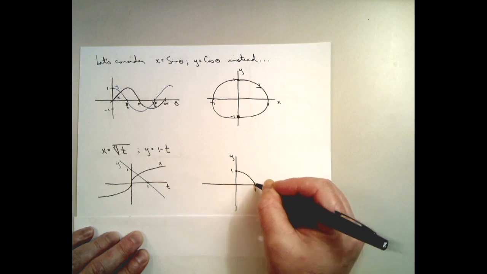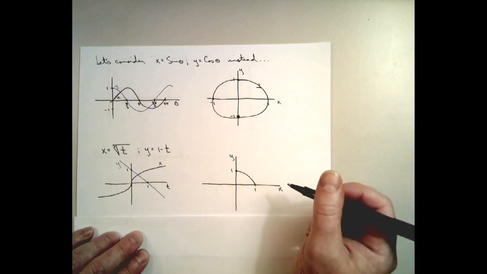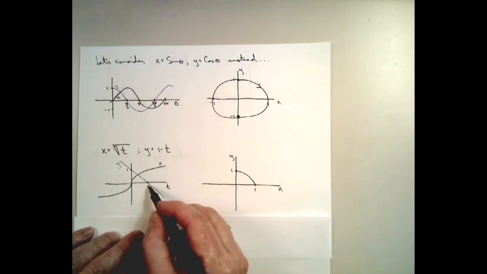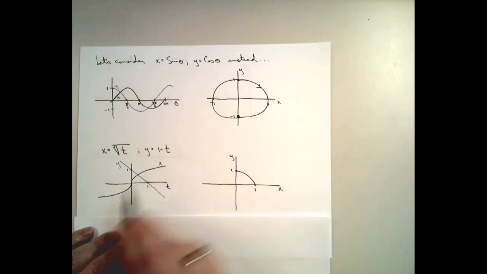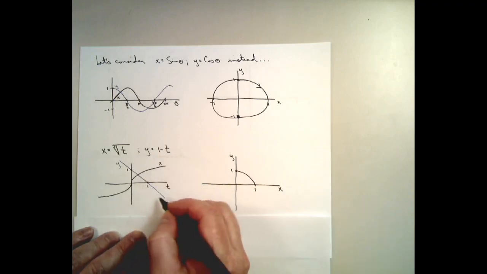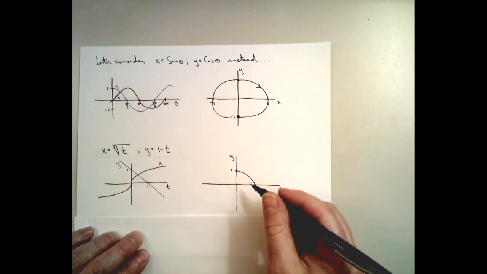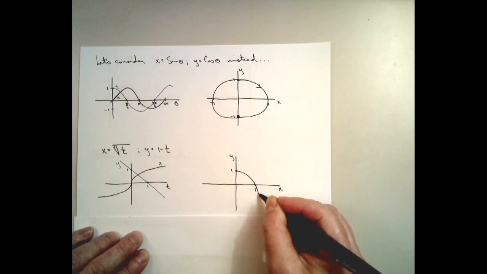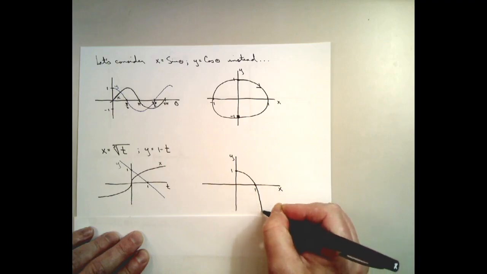So I'm going to have that sort of behavior. And then as I move away from t being 1, my x's are continuing to increase, but not very quickly, and my y's are continuing to decrease, and they're going to be decreasing faster than the x's eventually. So that's going to look something like this.